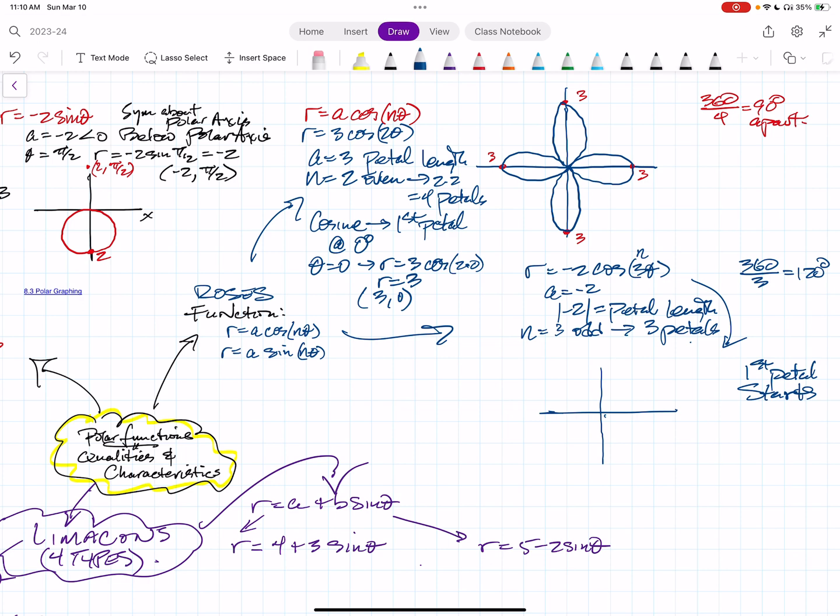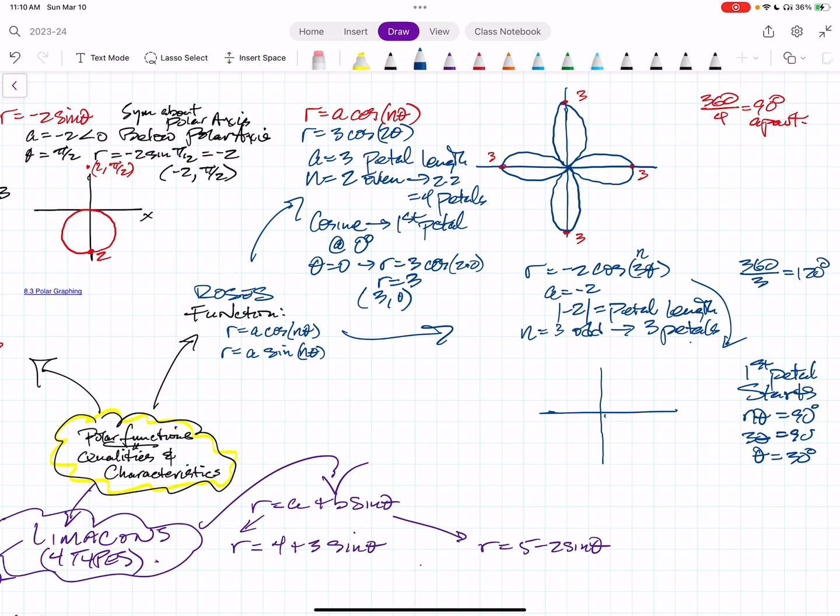So here we have 3 theta equal to 90, so theta is equal to 30 degrees. So we have to start at 30 degrees and then start rotating.